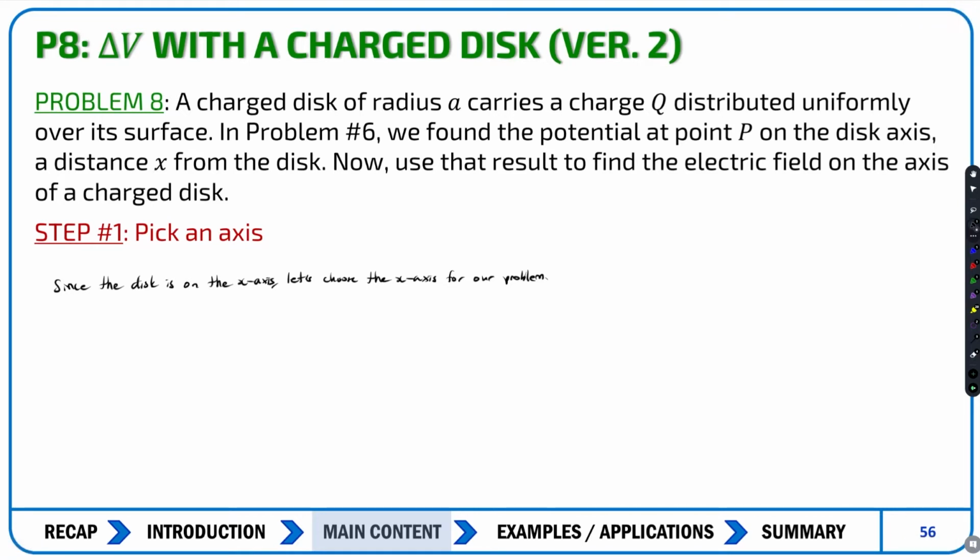So we know from problem 6 that the solution we found was 2kQ over a squared, times the square root of x squared plus a squared, minus the absolute value of x. So that was the solution.